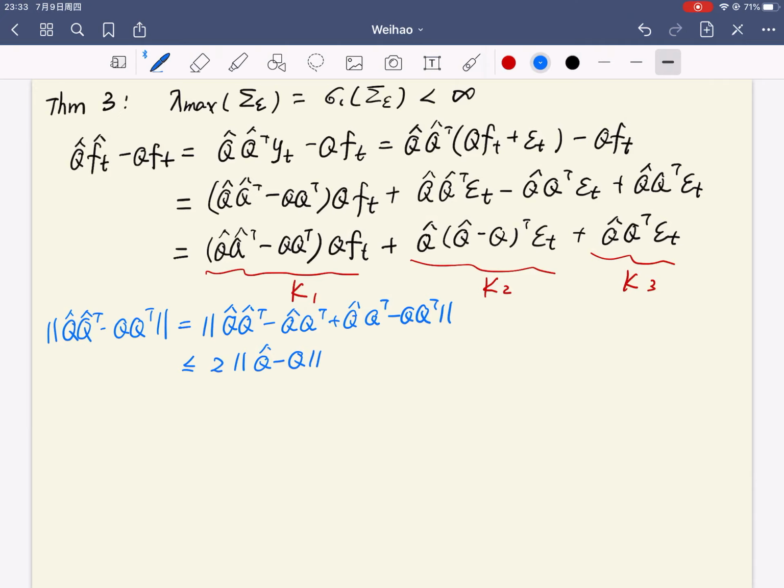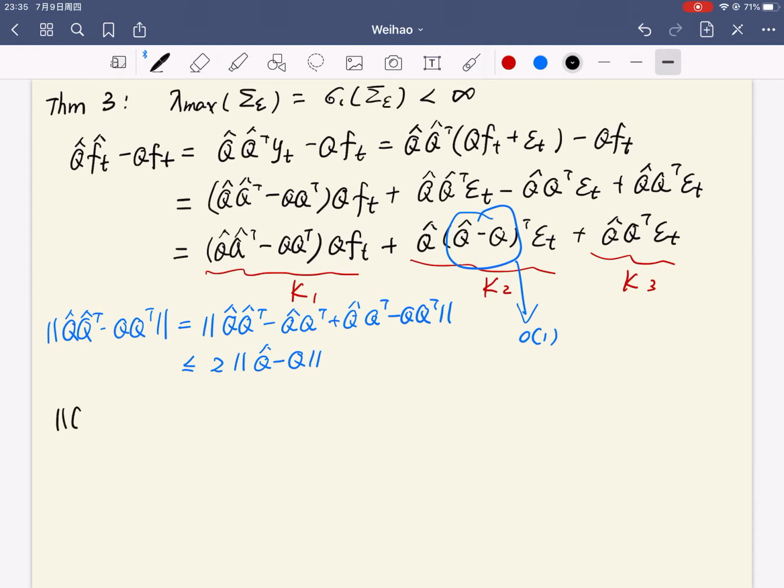And for the K2 term, we showed in theorems 1 and 2 that it has order little o(1). Then we can ignore this K2 term.